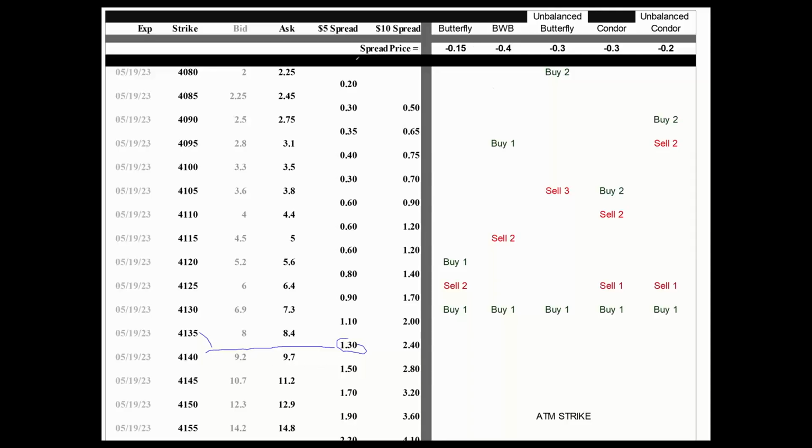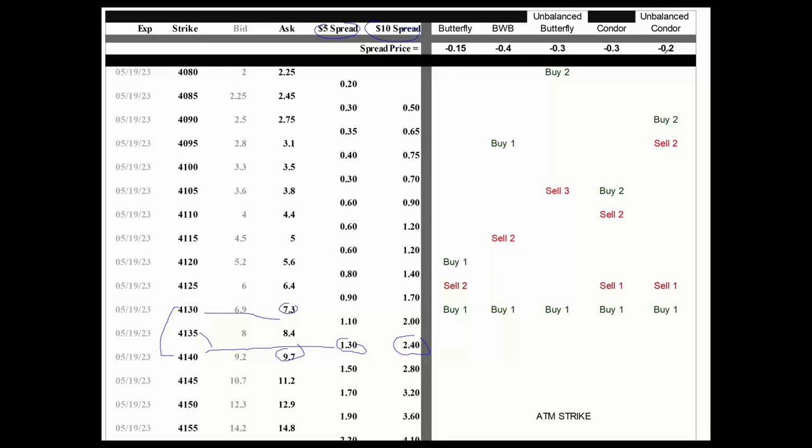Here's a $5 wide spread; a $10 spread would be the 40.30, and it's going to be this price. It's going to be 730 minus 970. All these $5 and $10 spread prices are just there so you don't have to do it yourself, to make your life easier.